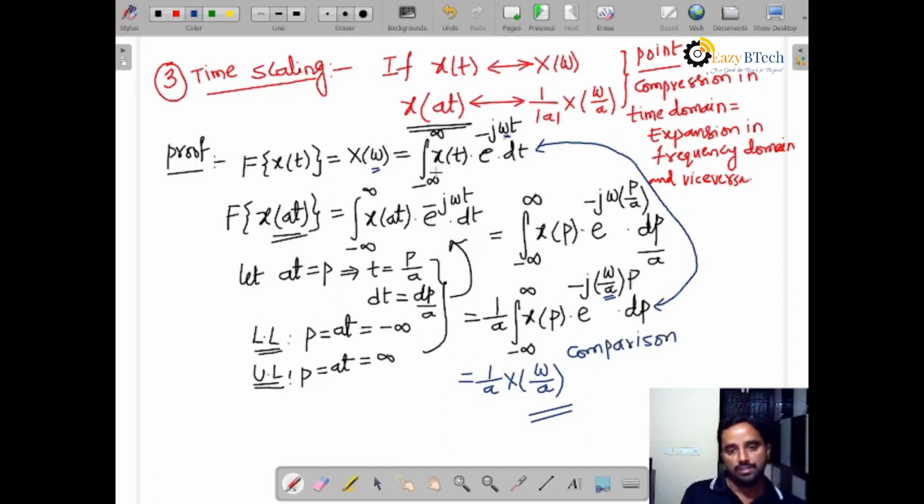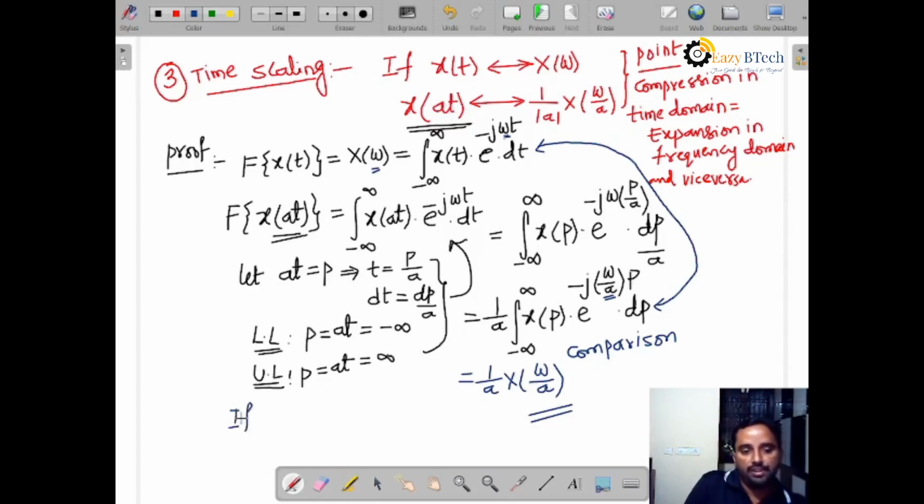Now suppose on the right side we have 1 by mod a, meaning it is always positive, a is positive. Now the case is, I am taking a negative, like minus 2 or minus 3, some negative real value. So what will be the answer?